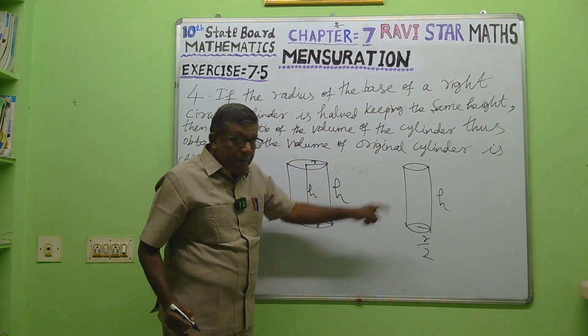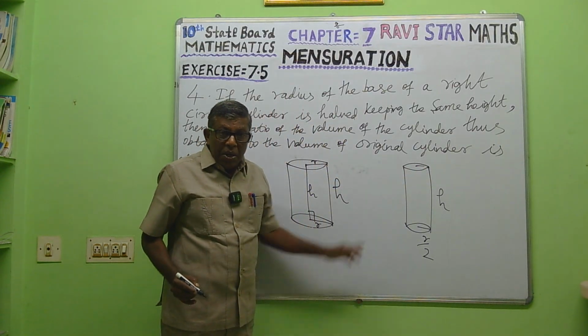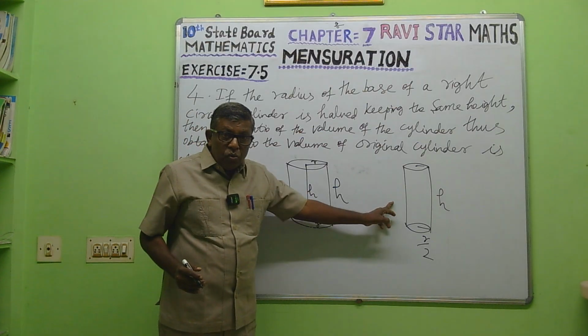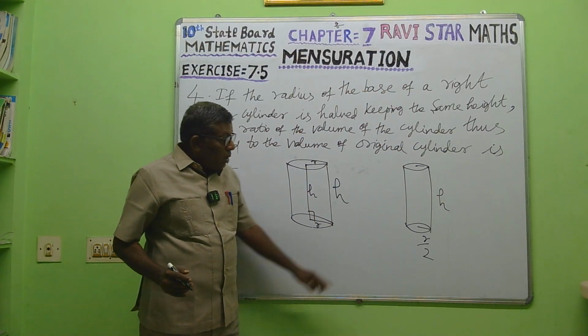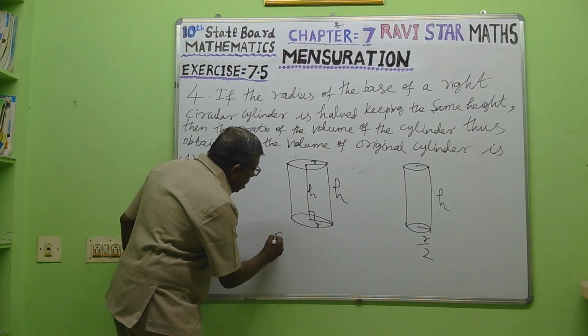The height is same. Thinner இருக்கும் the cylinder. This is big cylinder, this is small cylinder. This is new cylinder. This is original cylinder.